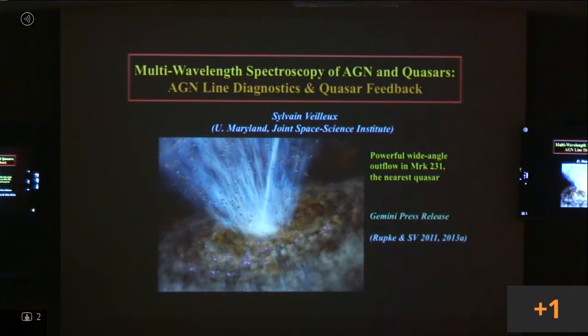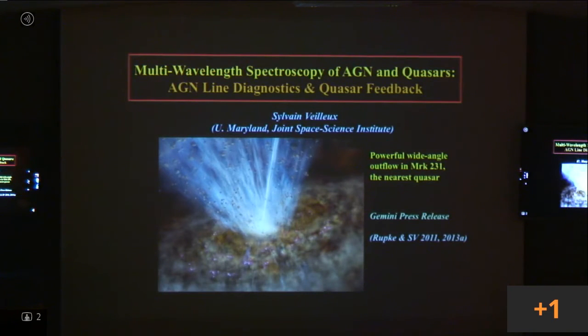I inserted some of the work that I've done with Cloudy in here, both at the beginning and at the end, and between will be something a bit different. I chose the most general title I could find. But what I really will be talking about is AGN line diagnostics and quasar feedback.